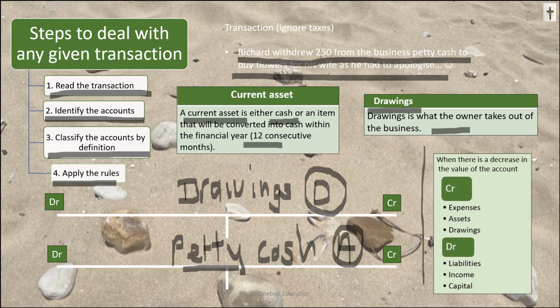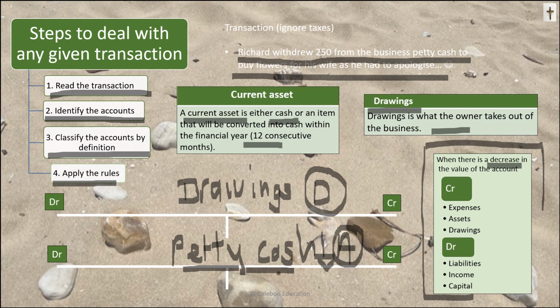I've decided for this example to use the acronym again, DEADCLIC, but this is the opposite. This table here is showing a decrease in the value of the account. So if we look at petty cash, which is an asset, there is a decrease in petty cash when the owner takes money for personal use.